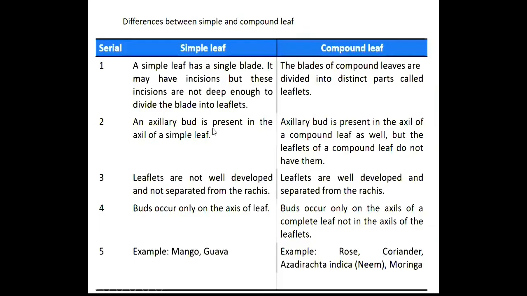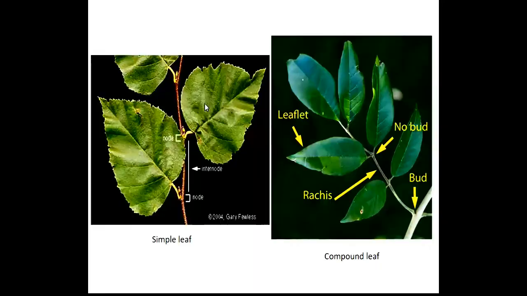Look, there are some differences between simple leaf and compound leaf which I am just trying to tell you. Like, what about the bud? I would like to show the previous slide here. What is the whole structure?